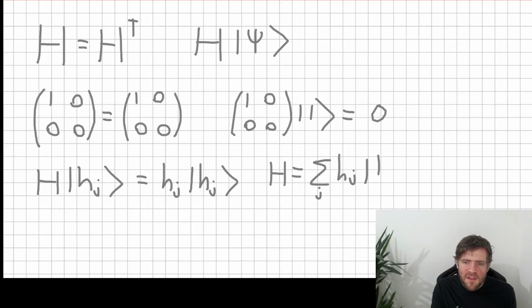And the reason why they have to be real, we can see just by taking the hermitian conjugate. The hermitian conjugate is a basis-independent quantity. The transpose depends on what basis you perform the transpose in as to what matrix you get out. The complex conjugate is also basis dependent, but interestingly, the combination of these two things is not basis dependent. Doesn't matter which basis you write your matrix down in.